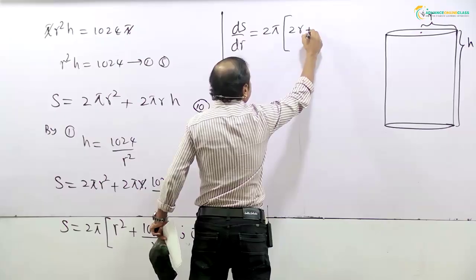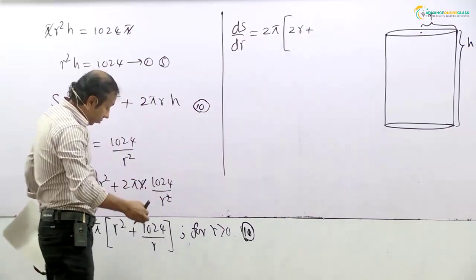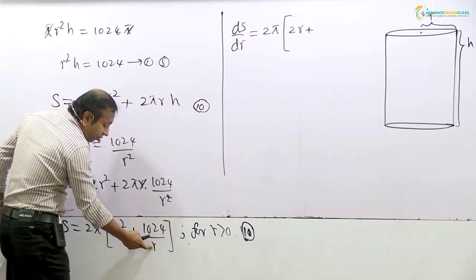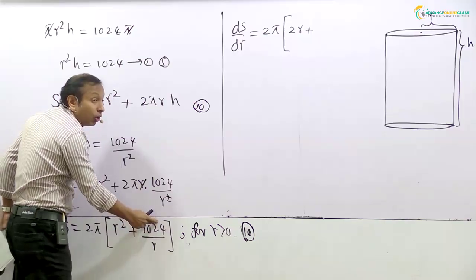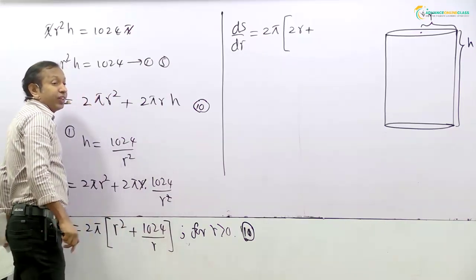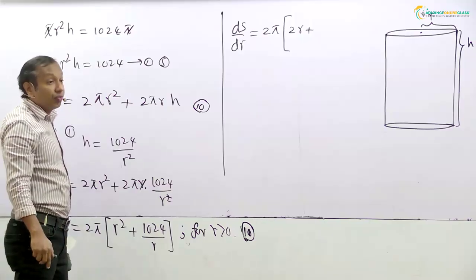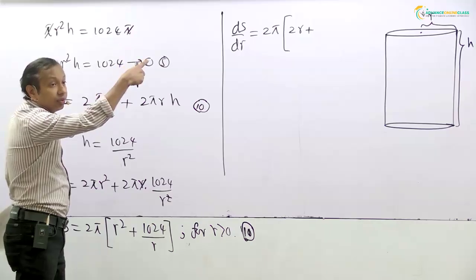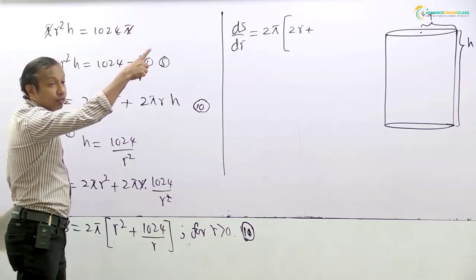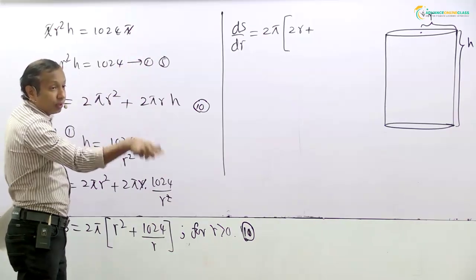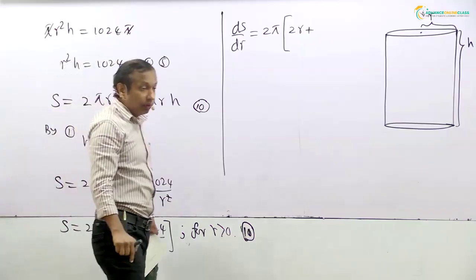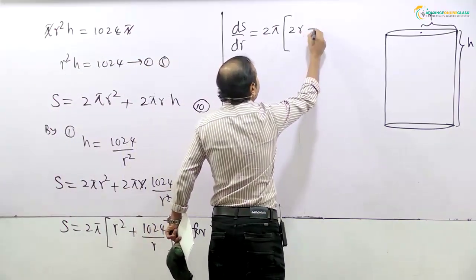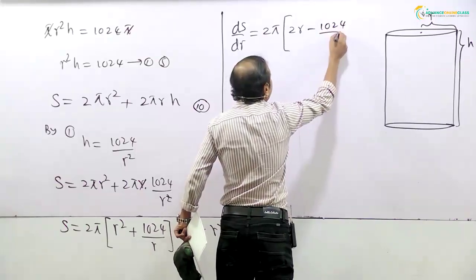Next one, people. 1024 keep like this and bring this r to the numerator, r to the power minus 1. What is the derivative of r to the power minus 1? Minus 1 brought before, r to the power minus 1 minus 1, power of r is minus 2. When I take that to the denominator, r squared. Minus 1024 divided by r squared.